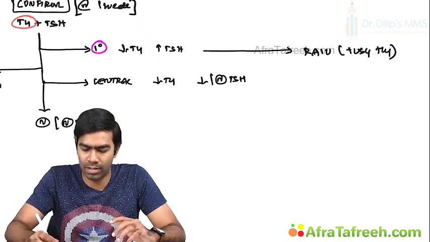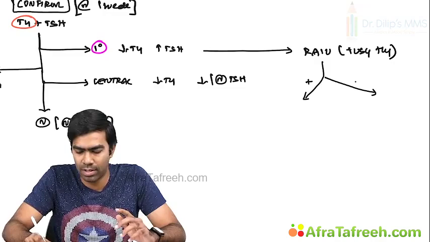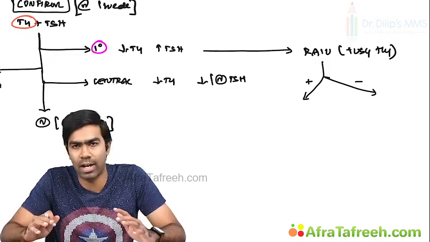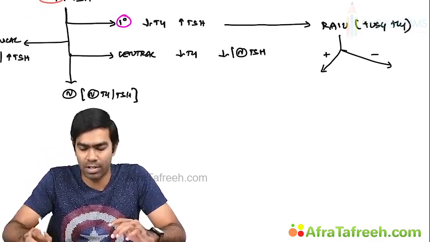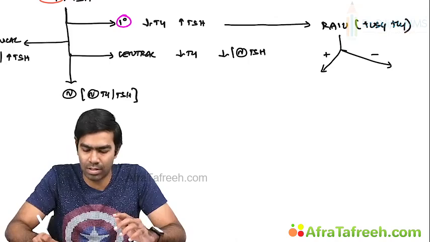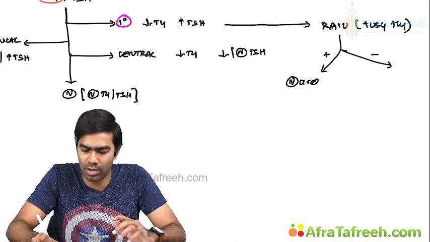Radioactive iodine uptake can be divided into those children who have a positive uptake and those with no uptake at all. If you have a positive uptake, you have to see whether the uptake is in the normal area where you see the thyroid.